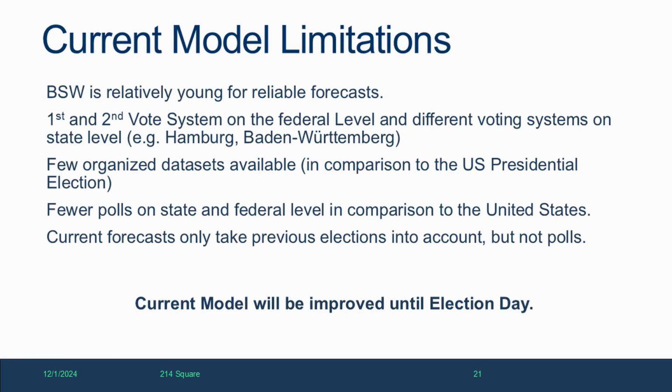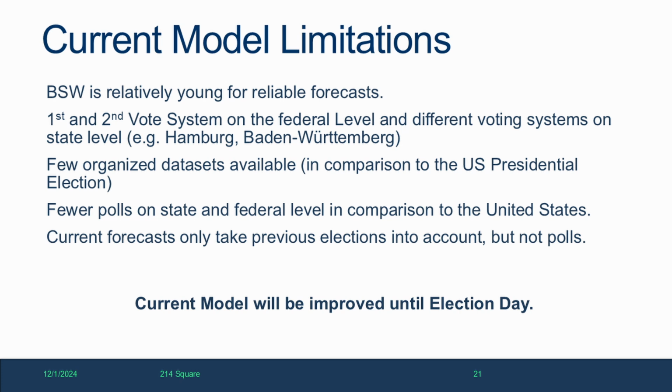Then some words about the current limitations of my model. First of all, the BSW, the Bündnis Sahra Wagenknecht, is a relatively young party. And it's a bit too young for reliable forecasts, so we can't provide a highly accurate forecast for this party.